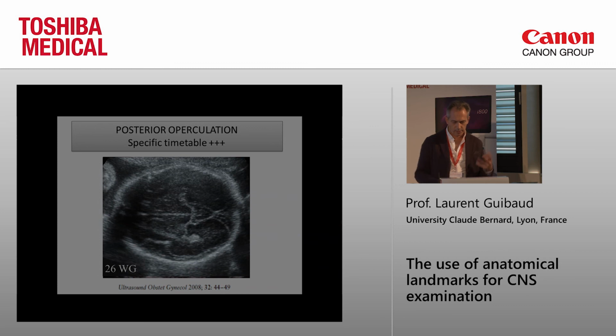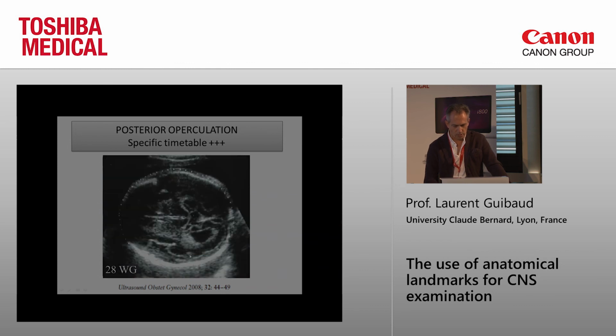You may have another indicator between 26 and 28. You see the difference here for sure, but look here. There is one more sulcus, which is the superior temporal sulcus, which appears around 27.